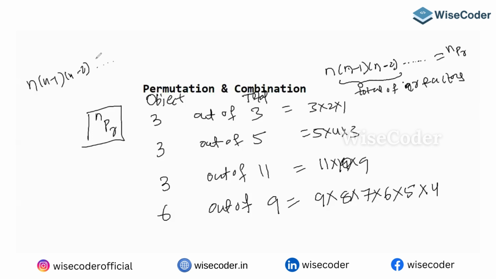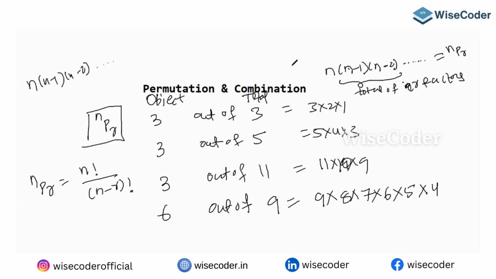The product n into n minus 1 into n minus 2 and so on gives n factorial, divided by the product of the remaining ones. So actually nPr is equal to n factorial by n minus r factorial.